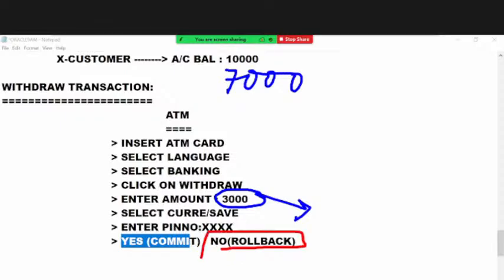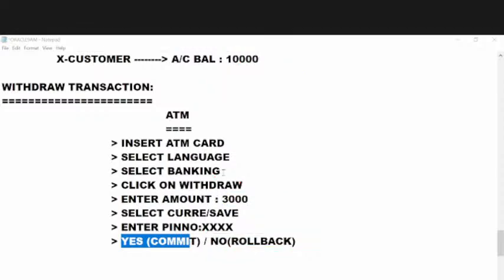If I click on no, what happened? Your amount will not be released and your amount will show 10,000 rupees. It is also accurate. So this is what happened, either yes or no. Finally, it was giving accurate information to you.